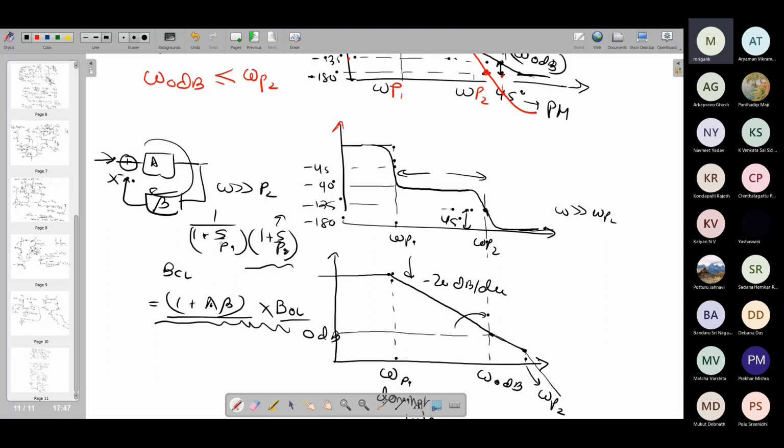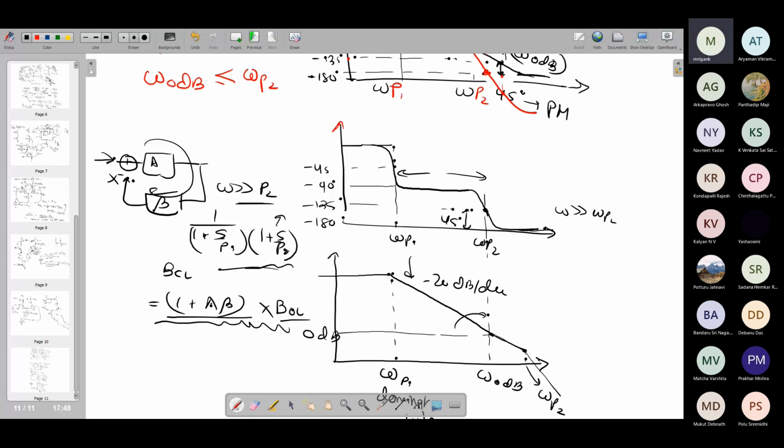Exactly means omega is infinite. So ideally, that is when it is going to come exactly to 180 degree. Otherwise, it will always be slightly less than 180 degree. So for an exactly two pole system, the phase will never hit 180 degree. It will always be slightly smaller than that at any finite frequency.